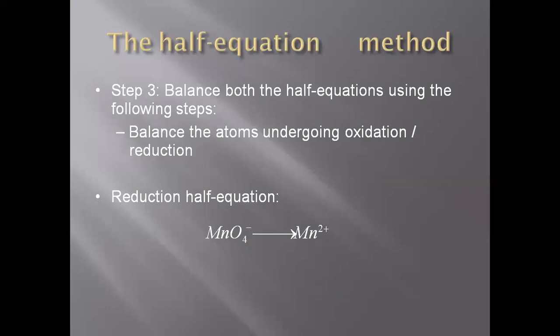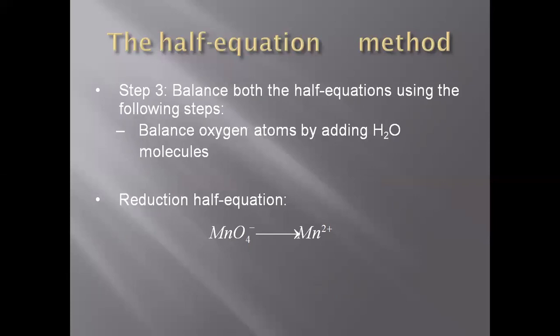Now the next step is to balance the half equations. Let's start with the reduction half. The reduction half is MnO4 negative gives Mn2 positive. So let's start balancing this. First we need to balance the oxygen. To balance the oxygen, you have to add water molecules on the other side, the product side.